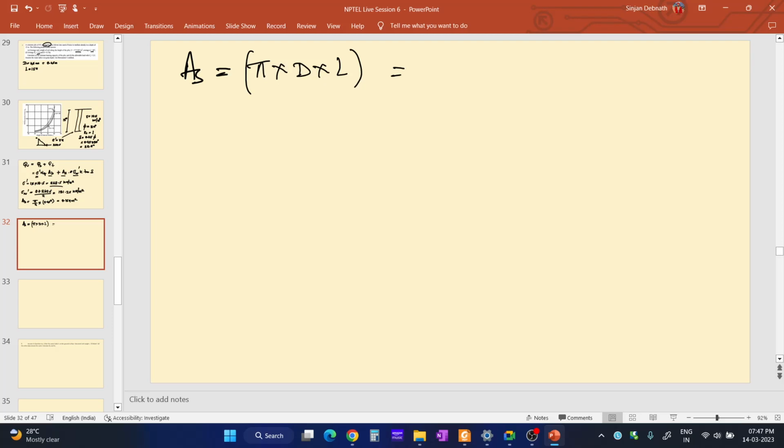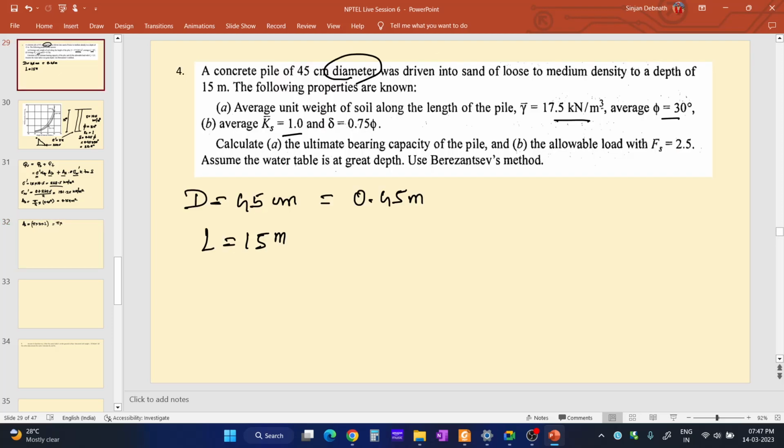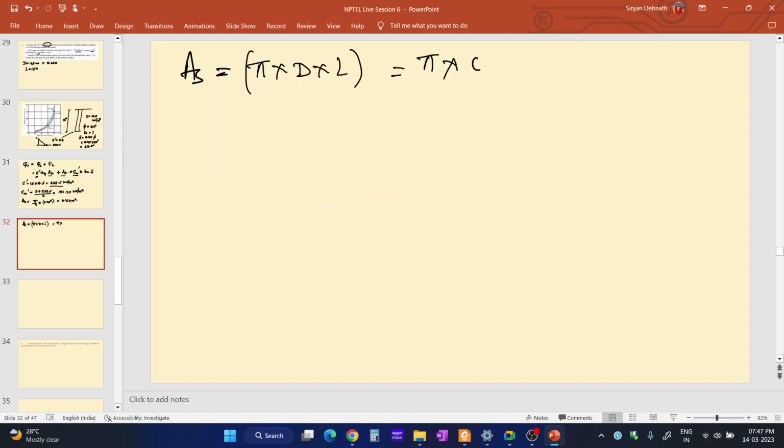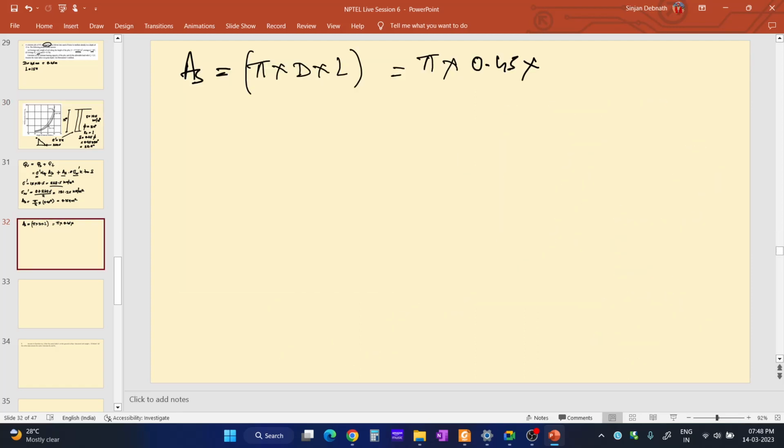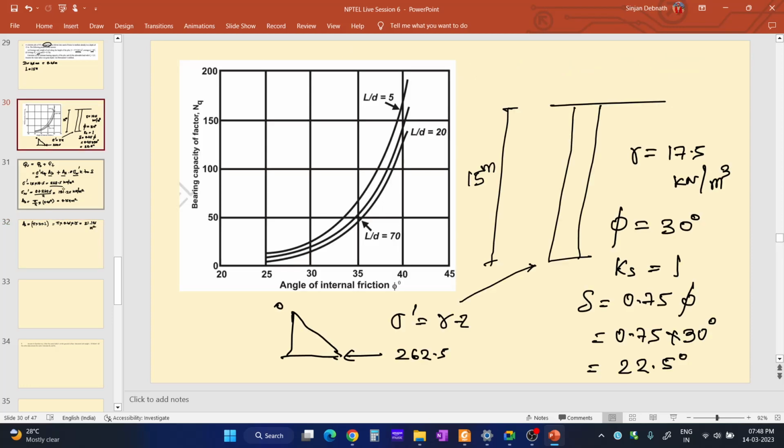What is d? D is 0.45 meter. And what is the length of the pile? Length of the pile is 15 meter. And this comes out to be 21.195 meter square, the surface area of the pile.